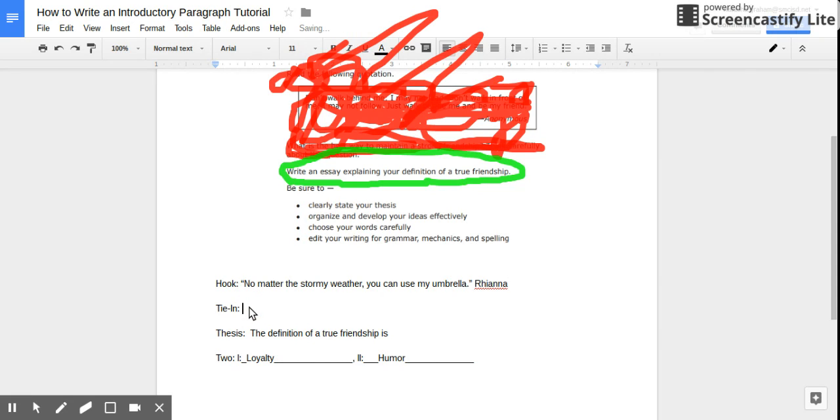And I'm going to think to myself again. So my hook is, no matter the stormy weather, you can use my umbrella. So my tie-in can be, when it comes to friendships, you want a person who you can depend on for anything.